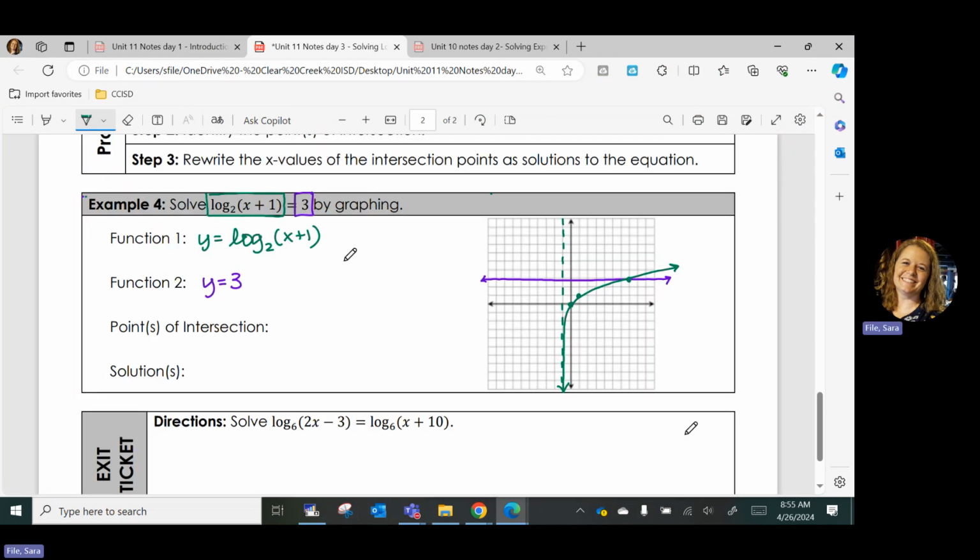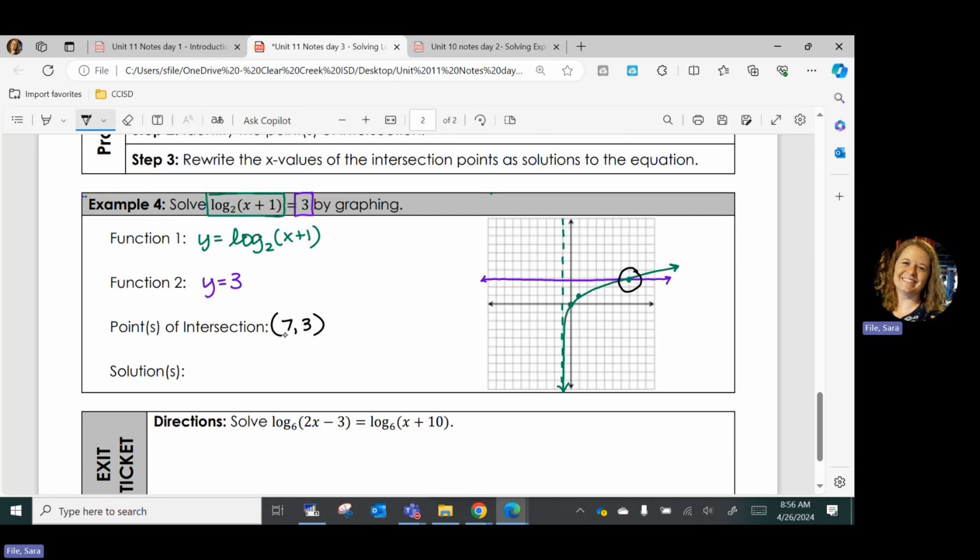So then the question is, after you graph both of them, what is the point of intersection? Where was that? At 7, 3. What part of that is your solution? What are we trying to solve for?